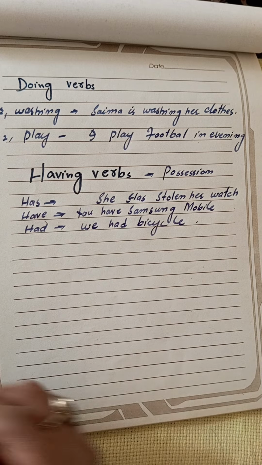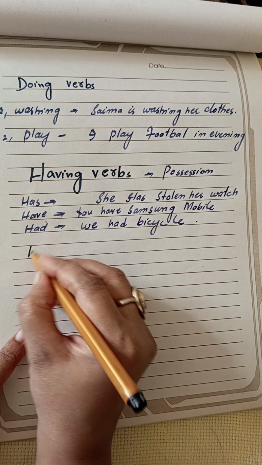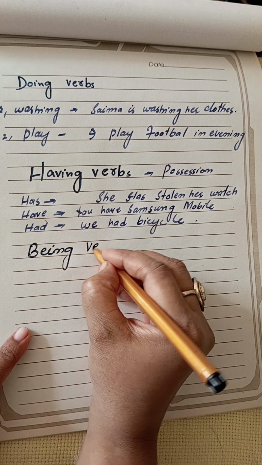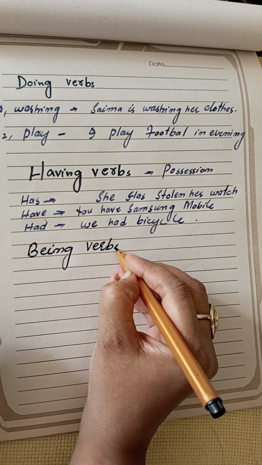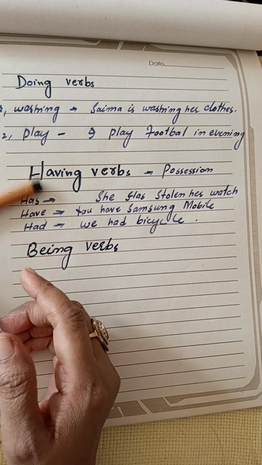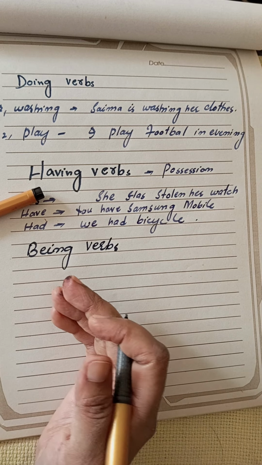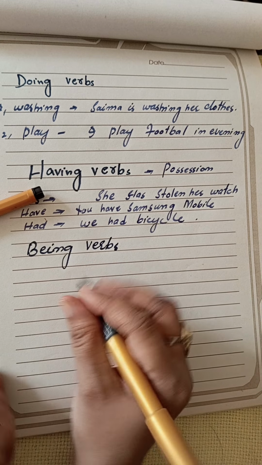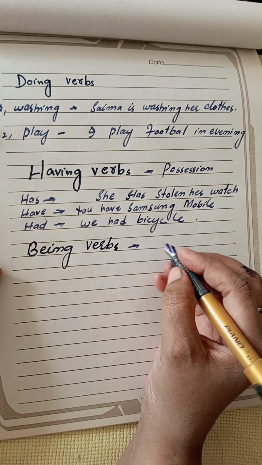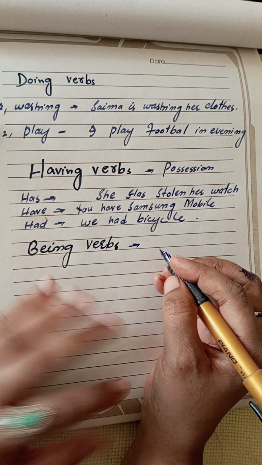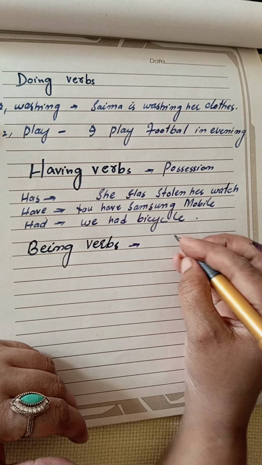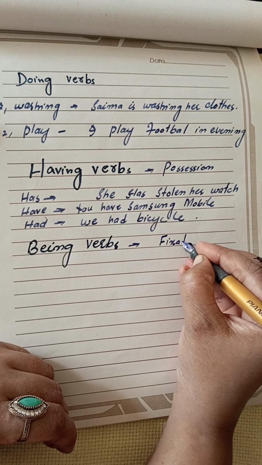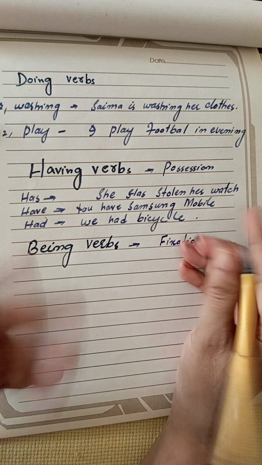Let's discuss another form, the being verbs. These verbs show fixation with an object. So here I am writing the particular words for showing the being verbs, fixation with an object.